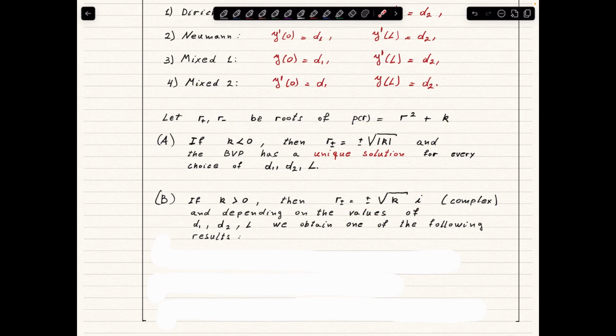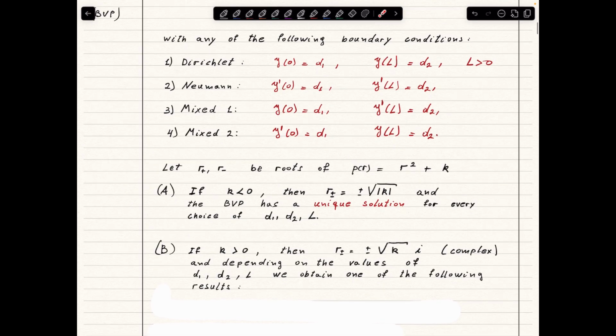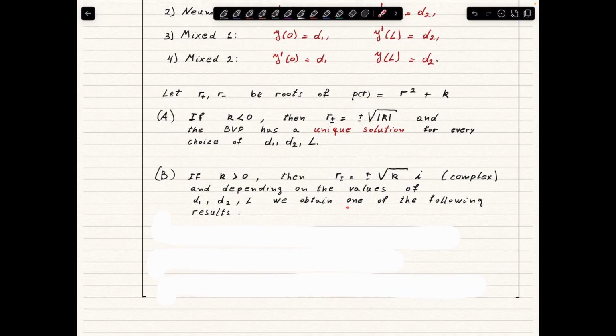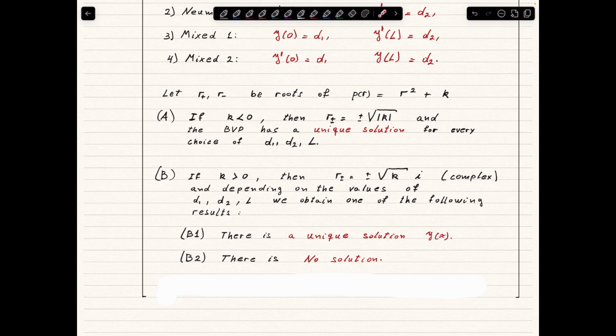And now the situation is very different. Depending on what you choose for these constants, and what you choose for the value of L, you may have one and only one of the following results. You may have a unique solution, or if you change the values of D and L, you may have no solution, or you may have infinitely many solutions.